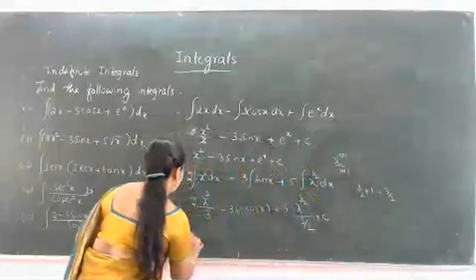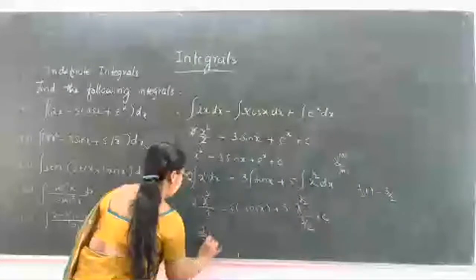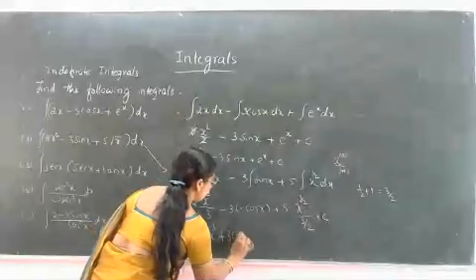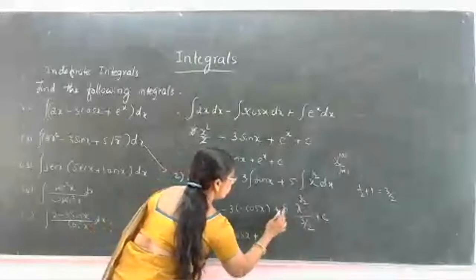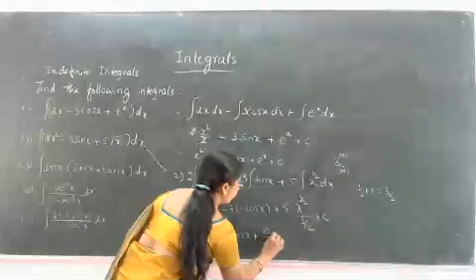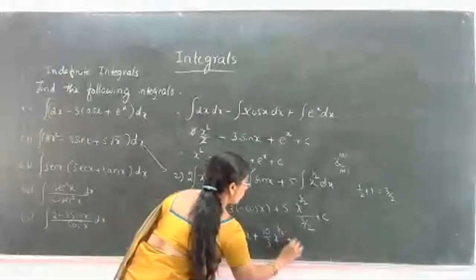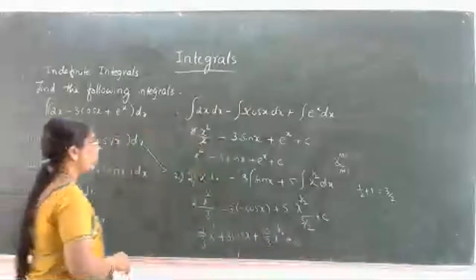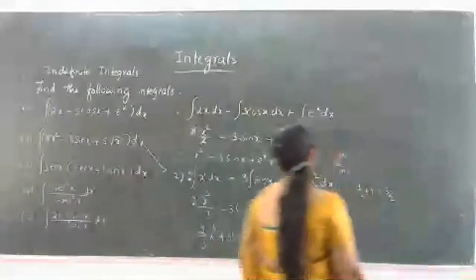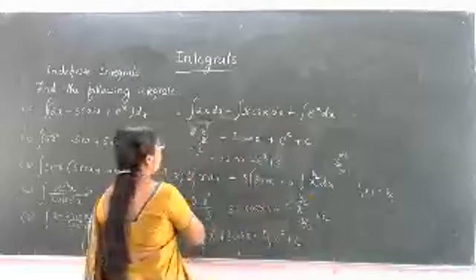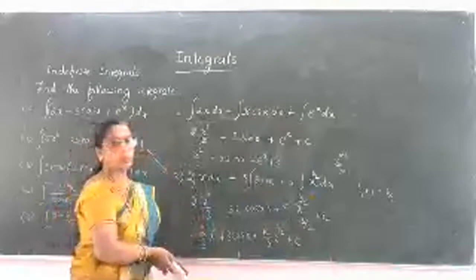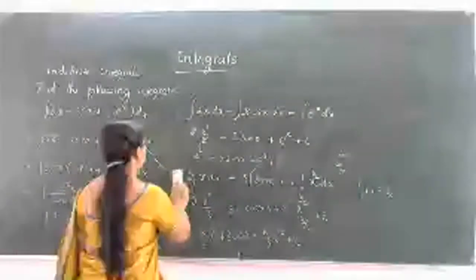We get 2 by 3 x cube plus 3 cos x plus 10 by 3 x to the power 3 by 2 plus c, which is the integration of this function. Here we have to integrate functions which are added or subtracted. I think you are clear about how to find the integrals of these functions.